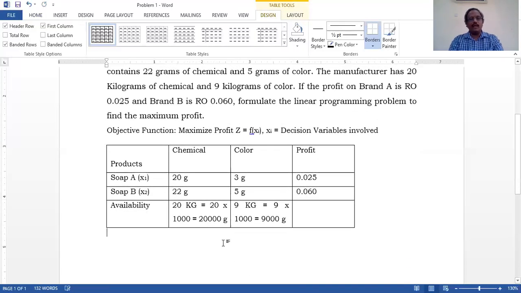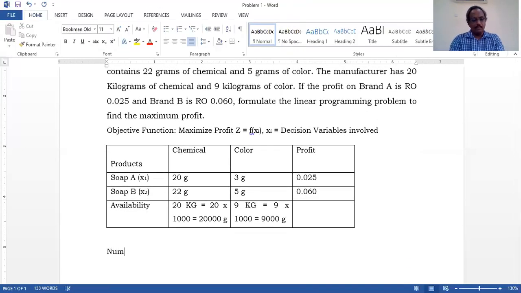So I'm going to define the number of soap to be produced.